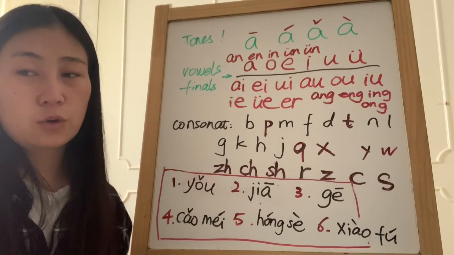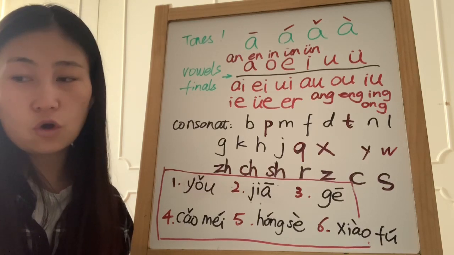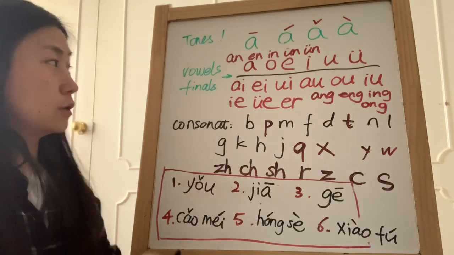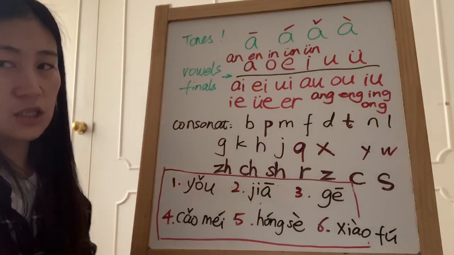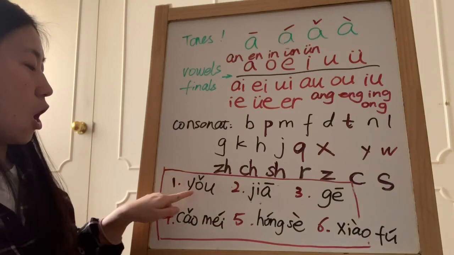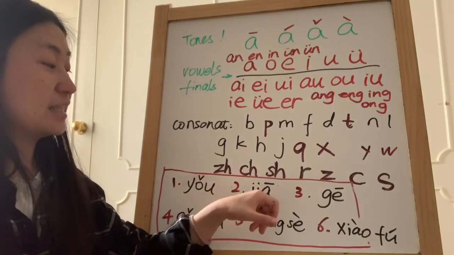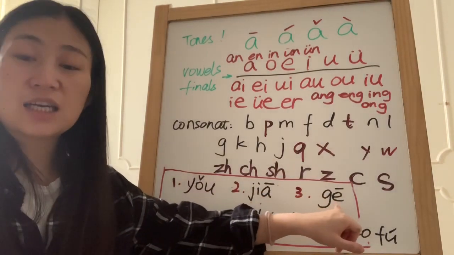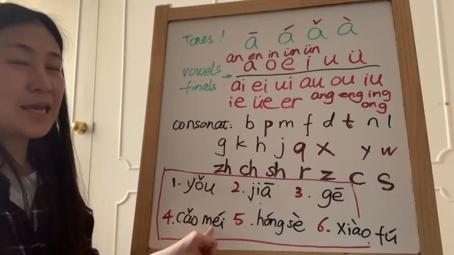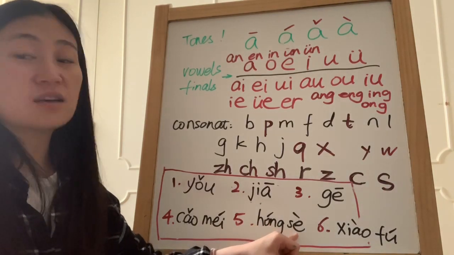And now we're going to continue with another important content called recognizing syllables as a whole. So we have learned the tones, the vowels, and the consonants. And we can combine them like this, right? We can spell, like spelling in English. G-E, G-A, G-E, C-A-O, M-A, M-E, H-O-N, S-E.